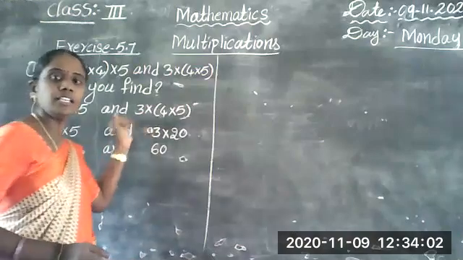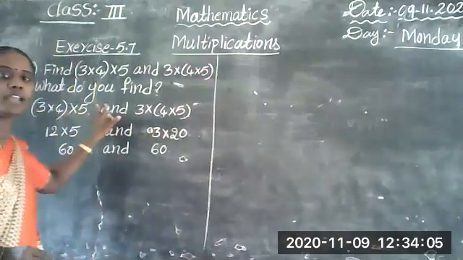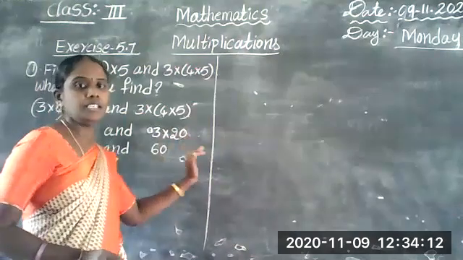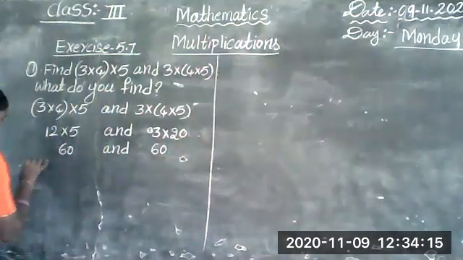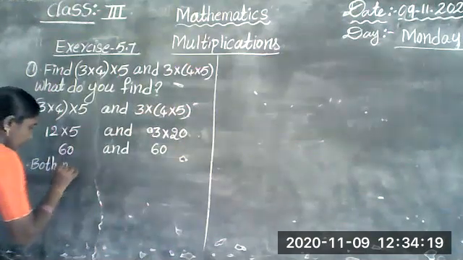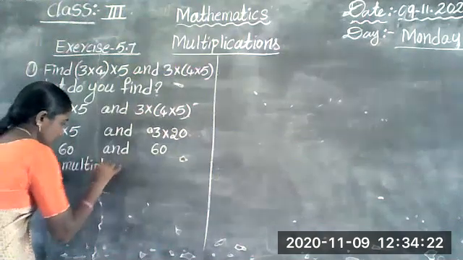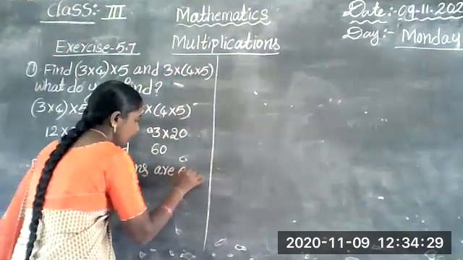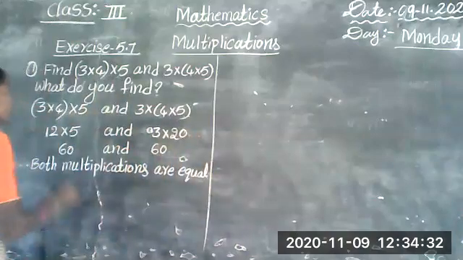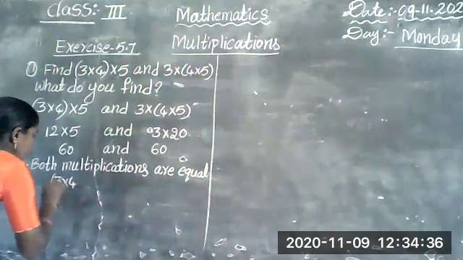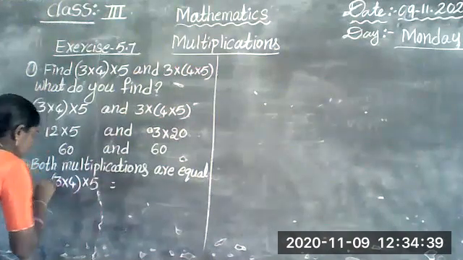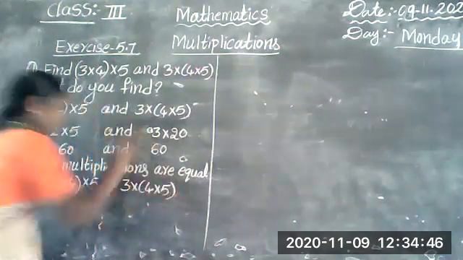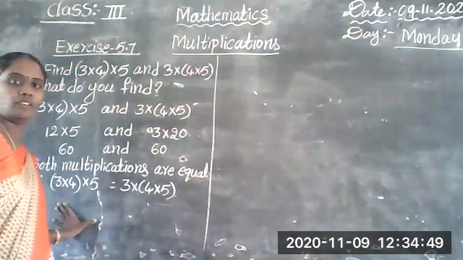So both multiplications are equal. What do you find?